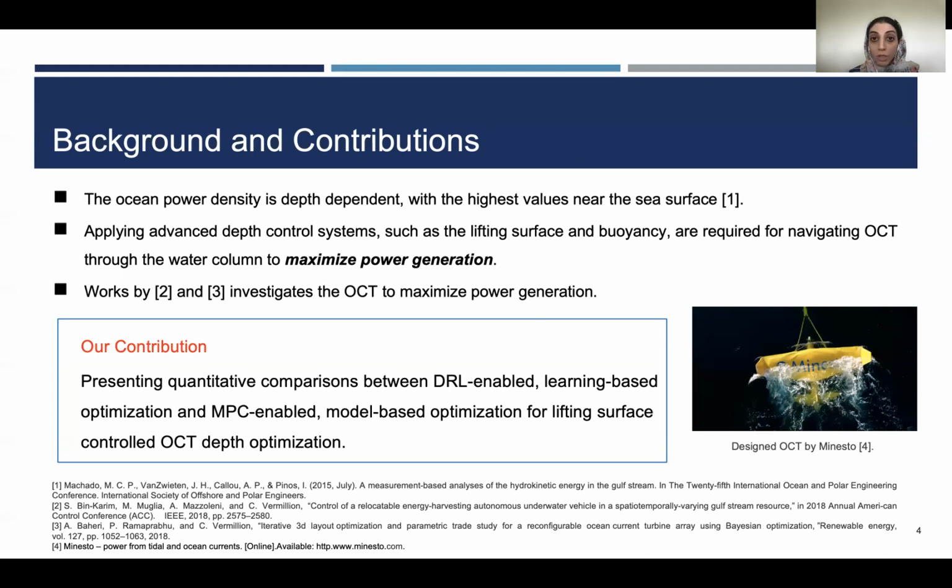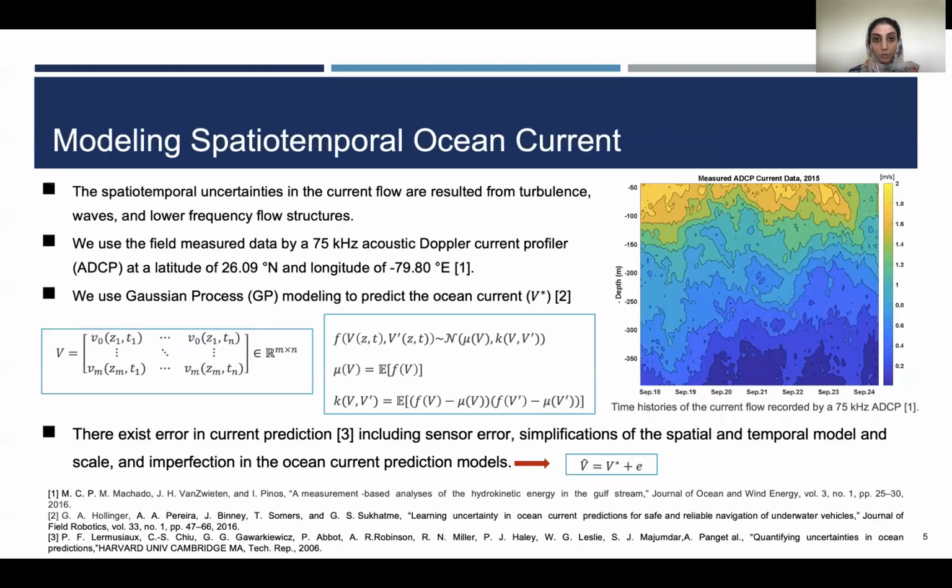There is a little literature studying this concept to maximize the harnessed power from the ocean current turbine system, which are very expensive technologies. So specifically, our contribution is to present a quantitative comparison between a deep reinforcement learning algorithm as a learning-based algorithm and model predictive control as a model-based one to solve the optimization problem for lifting surface controlled ocean current turbine depth optimization.